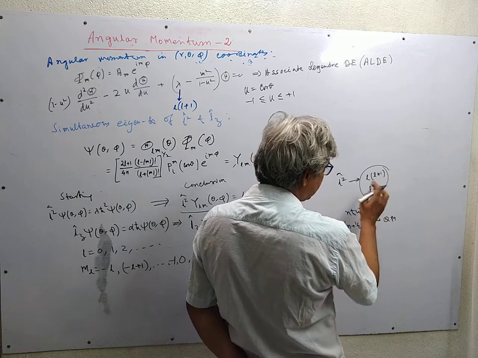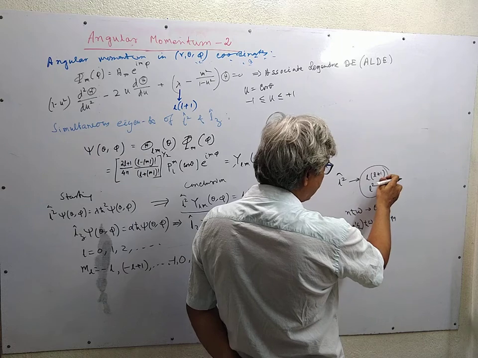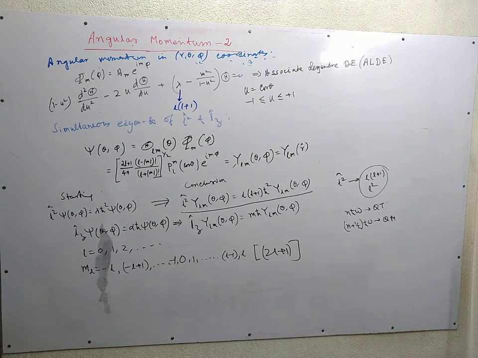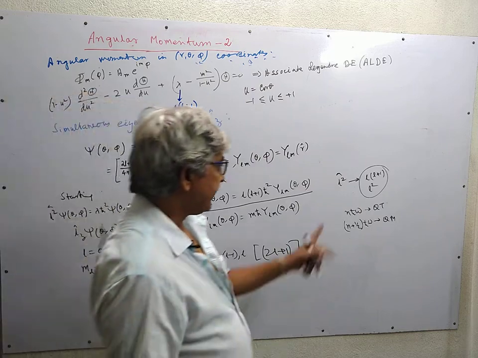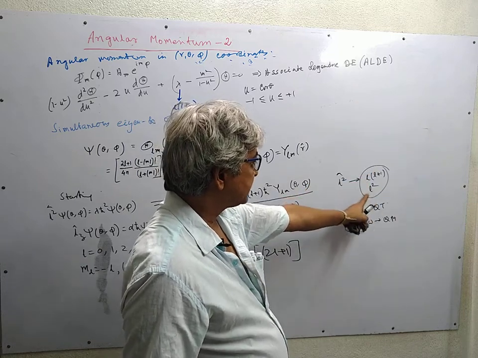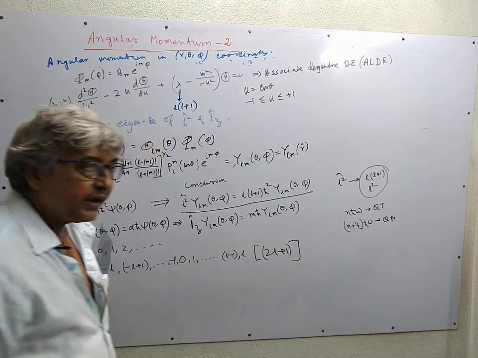In the next class I shall show that this change from L square to L(L+1) is also related to the uncertainty principle. Only thing you know is that when L increases, that is in the classical regime, the difference between L square and L(L+1) is very small.